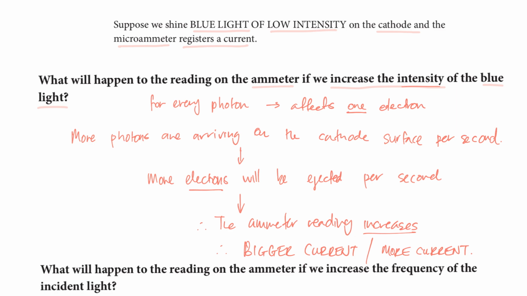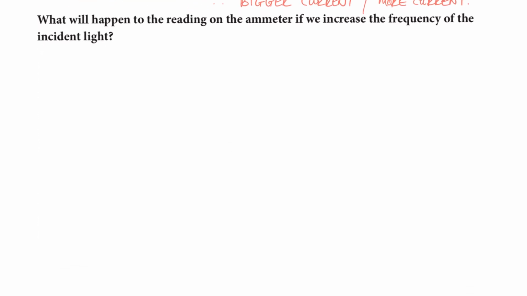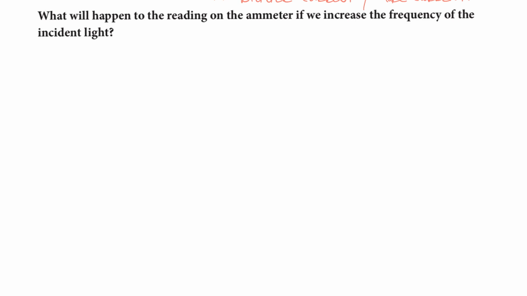The next one's a little bit more iffy. All right, the next question says, what will happen to the reading on the ammeter if there's an increase in the frequency of the incident light? Now, increase in frequency means more often, right? Your brain's telling you more often.